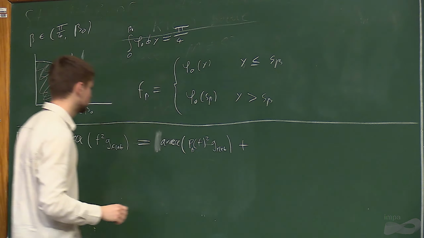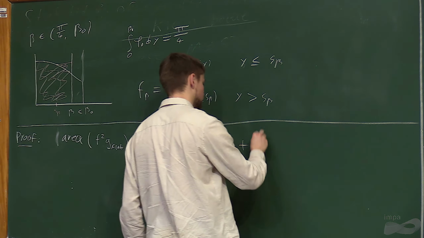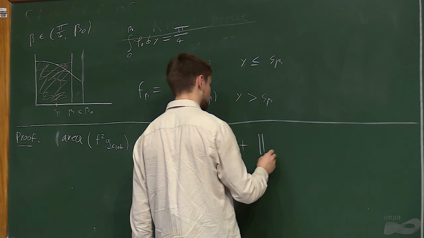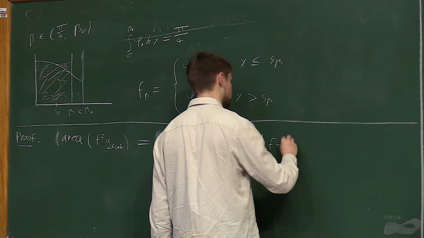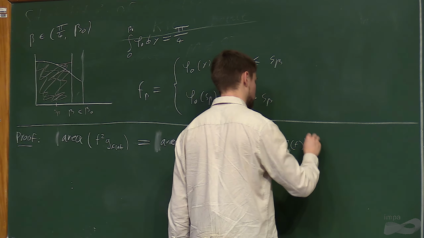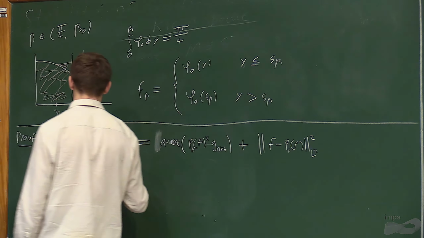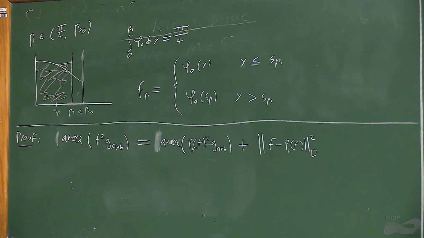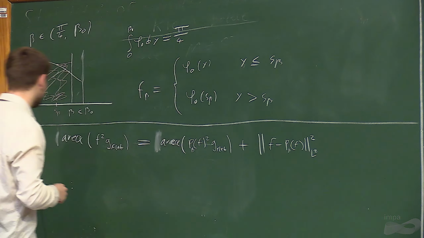and we also know precisely the amount of area that we lose, which is this difference, the L2 norm of this. So because of this, we have complete control over the area, so we know what happens precisely when we project. And this is what survives in the end, this difference of the conformal factors.